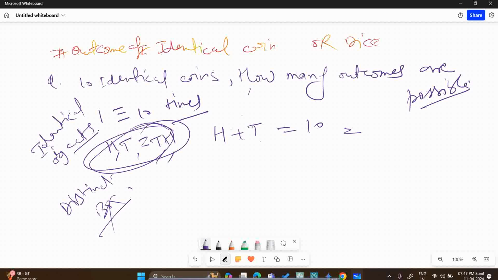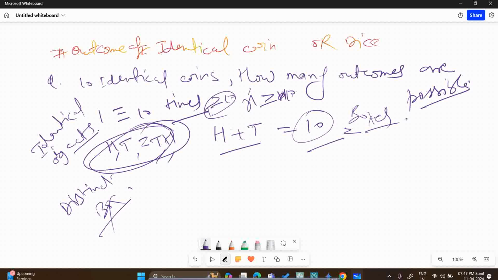It will be like you have to distribute heads and tails in boxes. We have greater than or equal to 10 heads, and greater than or equal to 10 tails. So this works as unlimited.